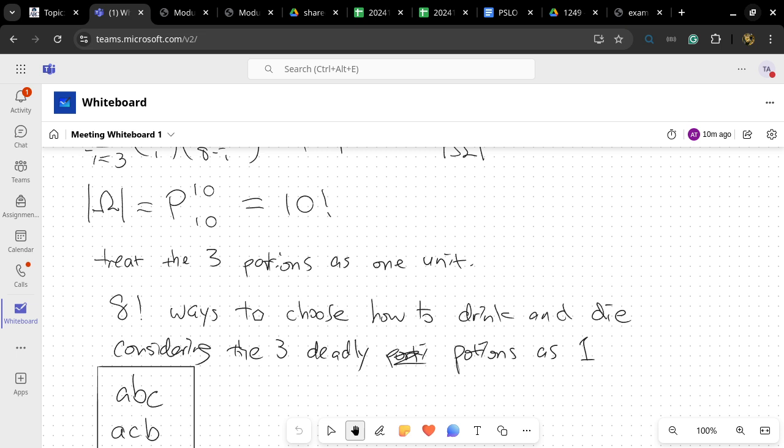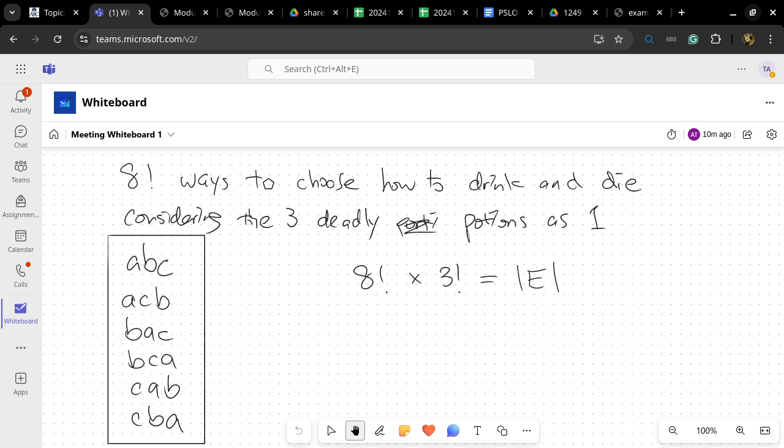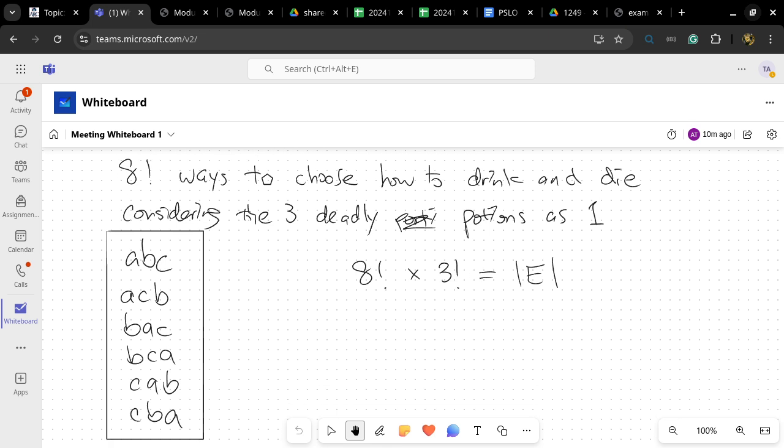So that means the 8 factorial needs to be multiplied by 3 factorial in order to be the size, or the cardinality, of my event set. So now we have the cardinality of the event set, and we have the cardinality of the omega set.